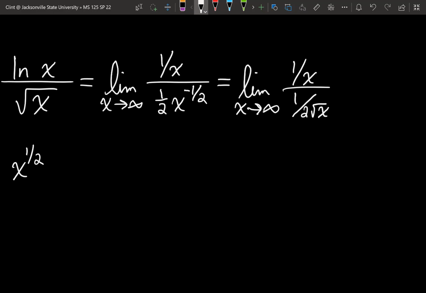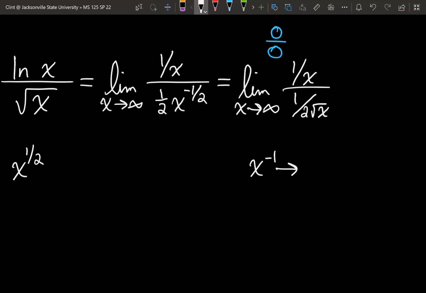So what situation are we in now? 0 over 0. Okay. So we could try L'Hopital's rule again. I'm actually thinking maybe that's not our best bet on this one. Let's look. What happens if we do L'Hopital's rule again? So x to the negative 1.